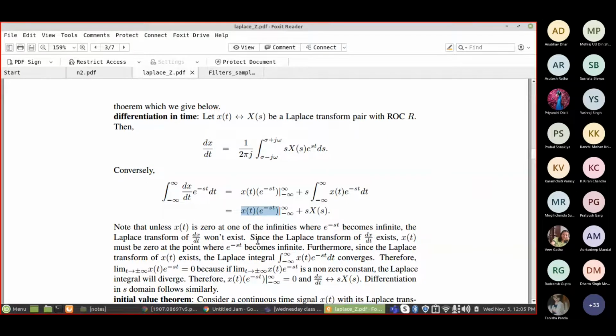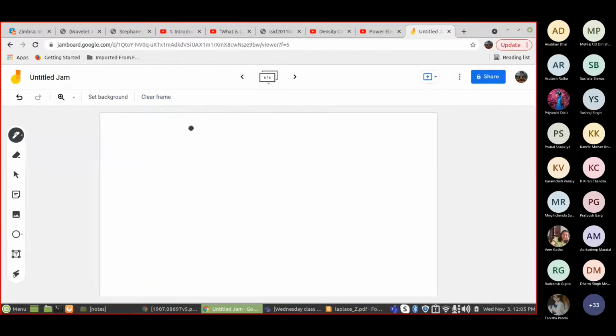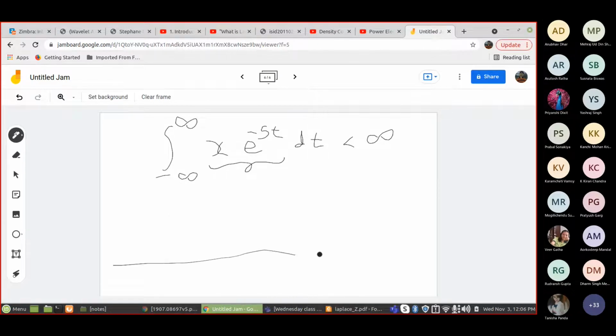This product has to be 0, and the explanation is as follows. There we are going to use the existence of the Laplace transform of x. We know that the integral from minus infinity to infinity of x(t) e to the power minus st dt is strictly less than infinity by our hypothesis. This is over the entire real line.